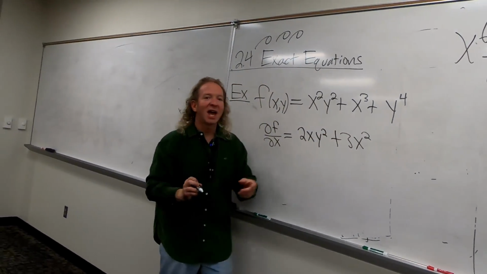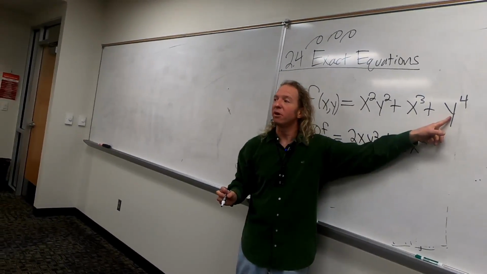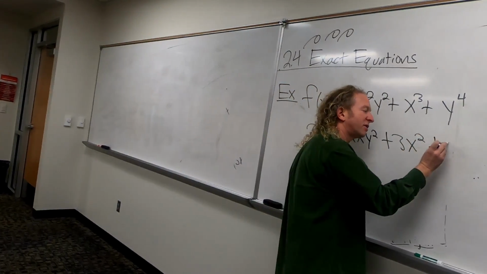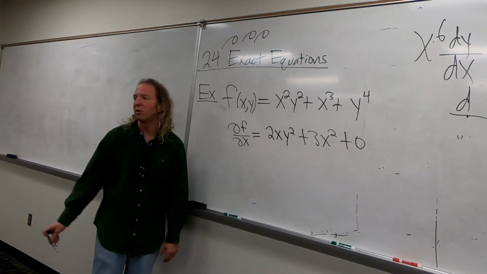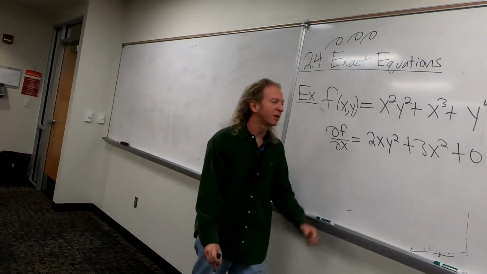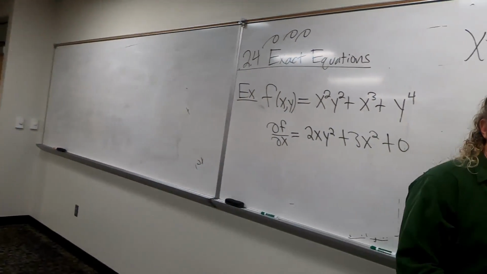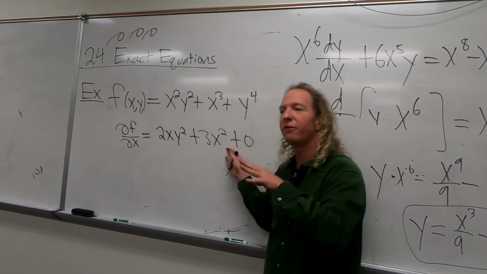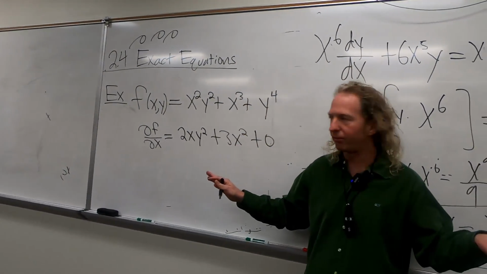And this one's a number, so what is the derivative of a number? 0, very good. I'm going to leave the 0 there so when you look at your notes, you know it's 0. When you take the partial derivative with respect to x, all of the other variables are constant.